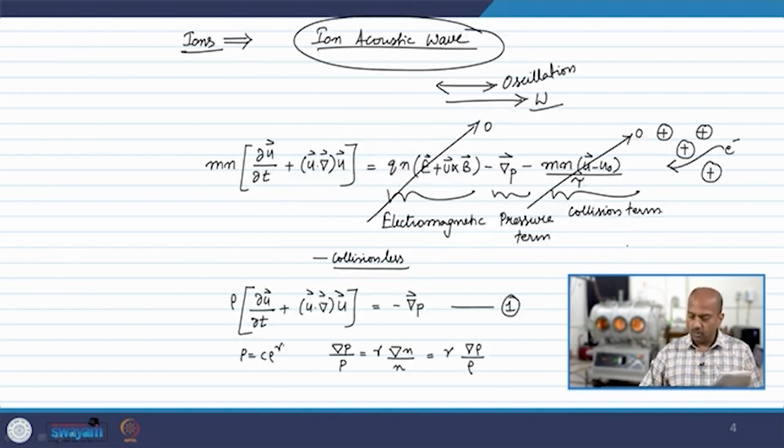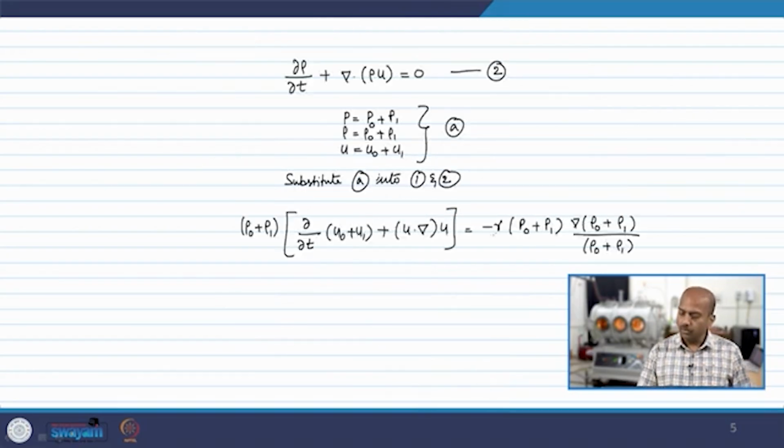If you go back and look at this equation, the pressure which appears in the denominator goes and multiplies on the right hand side. That is why ∇P, which is gamma times pressure times ∇ρ/ρ, is written here.